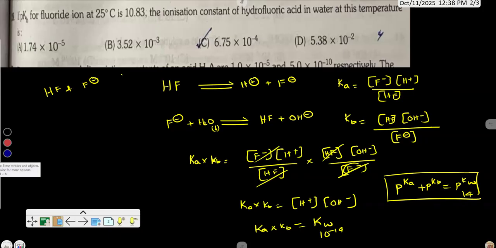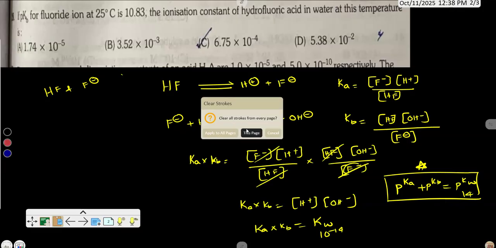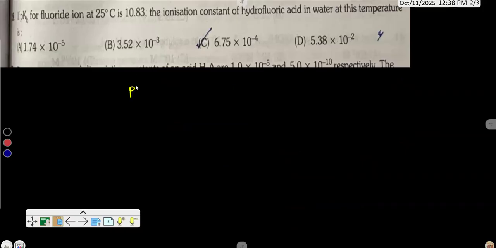Now, using this, let us find the answer. pKb of fluoride ion has been given, and we are asked to find the Ka. We know that pKa plus pKb is equal to 14.